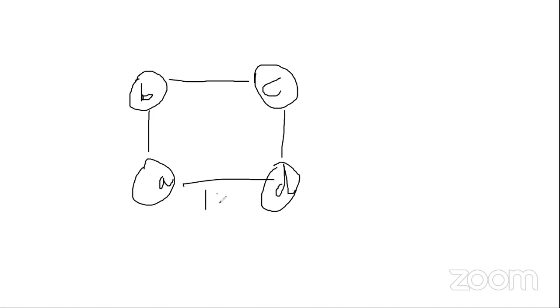If I say this is like 100, just doing some random stuff here. You can clearly see that the moment we assign weights to edges, the picture changes. In this case, now the shortest path is A to B, C, and D, right?